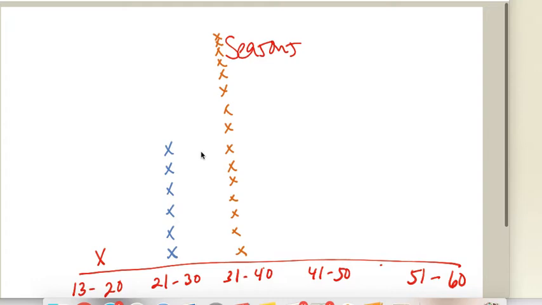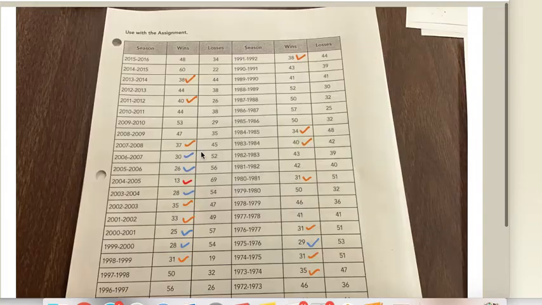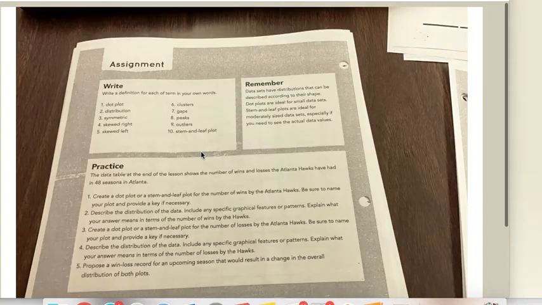Now I gotta do 41 to 50. Let's do green. 41 to 50, that'd be 1, 2, 3, 4, 5, 6, 7, 8, 9, 10, 11, 12, 13, 14, 15, 16, 17, 18, 19. 19 X's. Oh, wow.